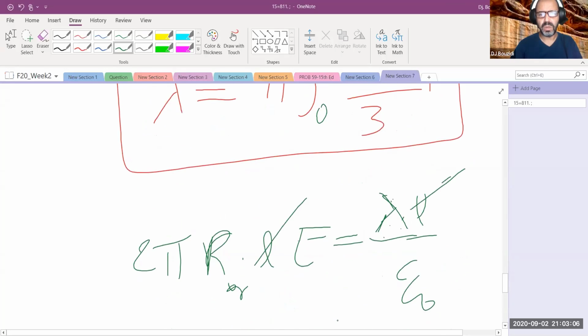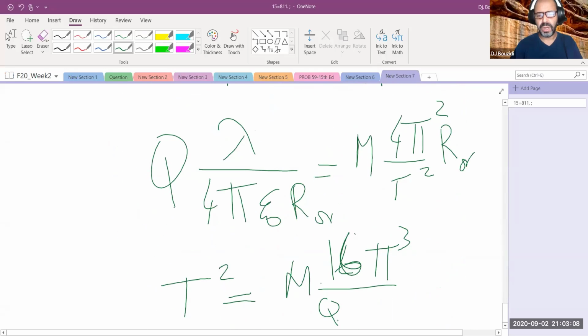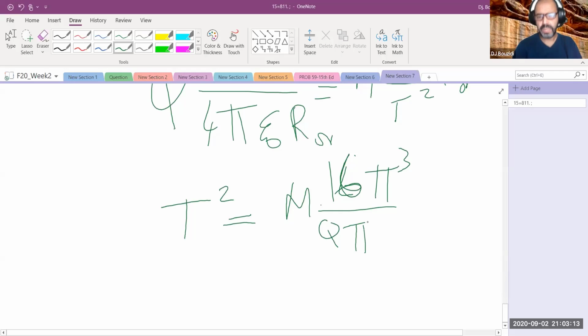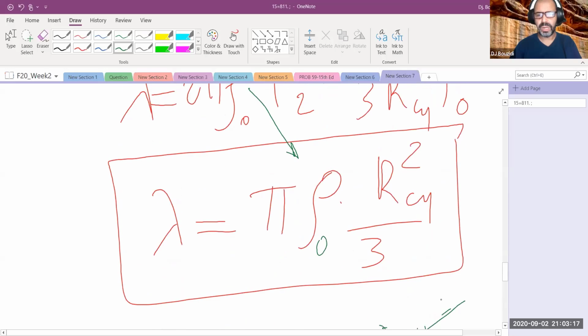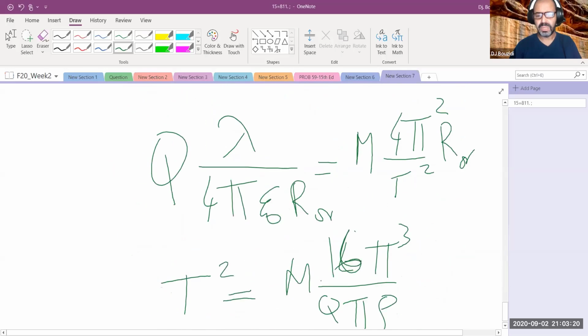Lambda we found to be equal to pi times rho naught, and then I have also an r squared in there, times 3 in the numerator.